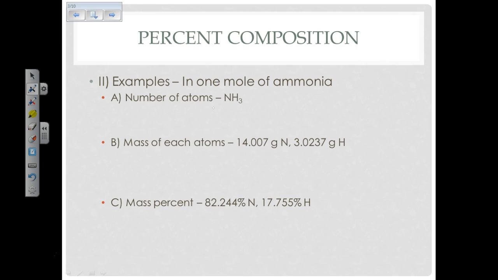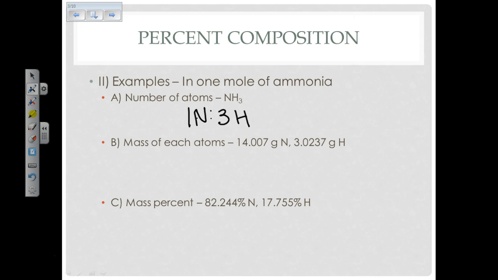Another example using ammonia. In 1 mole of ammonia, again, this could be 2, 5, 10, 20, a half, a tenth of a mole, whatever. The idea is that the ratio is 1 mole of nitrogen to 3 hydrogen. In 1 mole of ammonia, there's 1 mole of nitrogen and 3 moles of hydrogen.